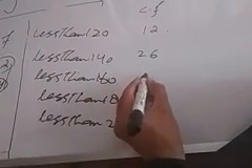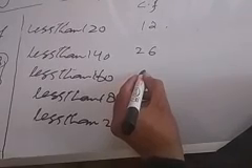In the same way, less than 160 includes this 8, this 14 and this 12, so you add them up and we get 34.